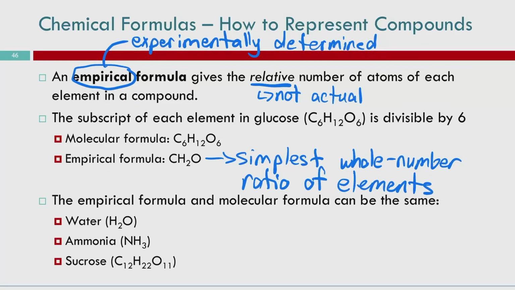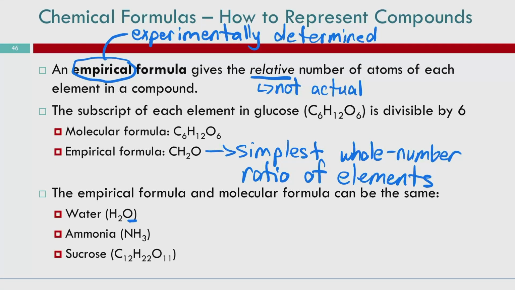Sometimes our empirical formula and molecular formula can be the same. So for example, for water, we've got an implied subscript of 1 after our O. So that means that we are in our empirical formula. It's the simplest ratio of elements that we can get. Ammonia, NH3, also has an implied subscript of 1 in it, so that means that it's an empirical formula.